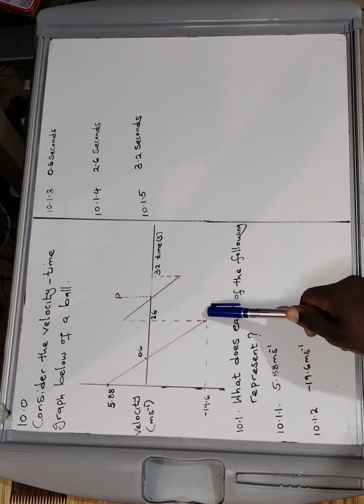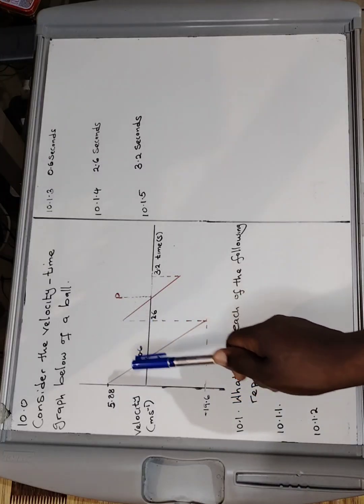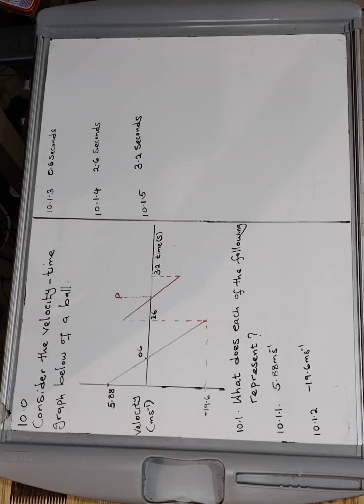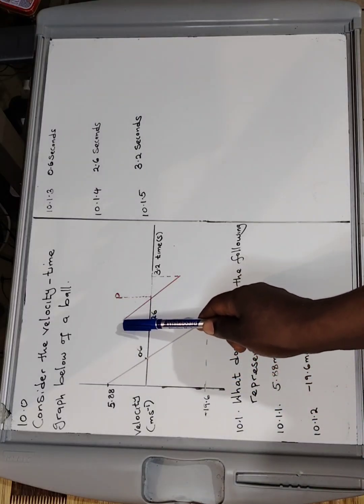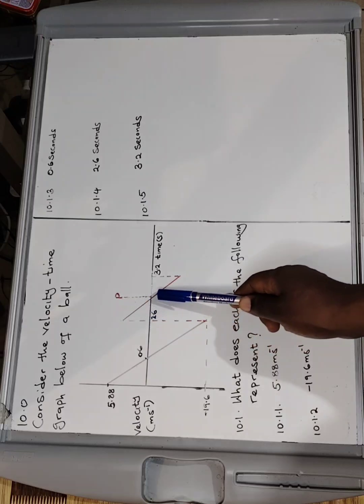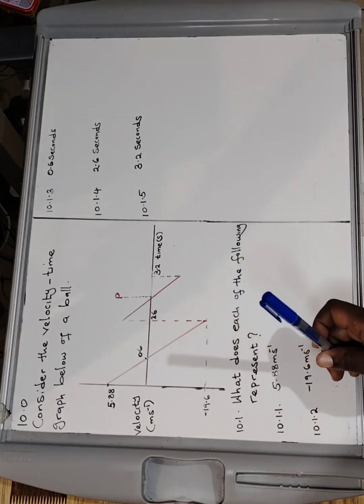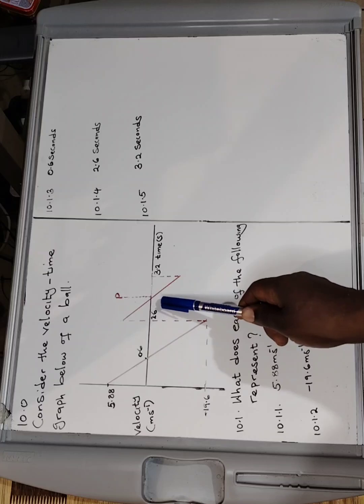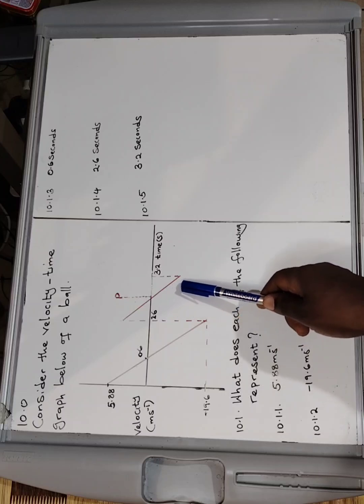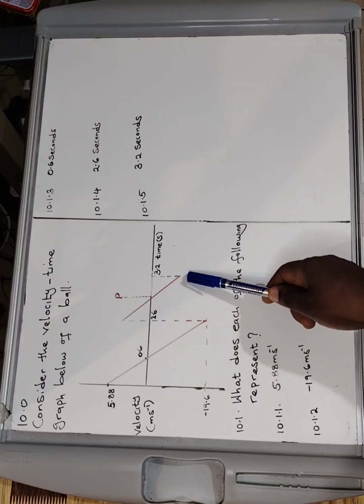After hitting the ground, it bounces and goes until it reaches maximum height. Then, after reaching maximum height, it turns and comes down and hits the ground.